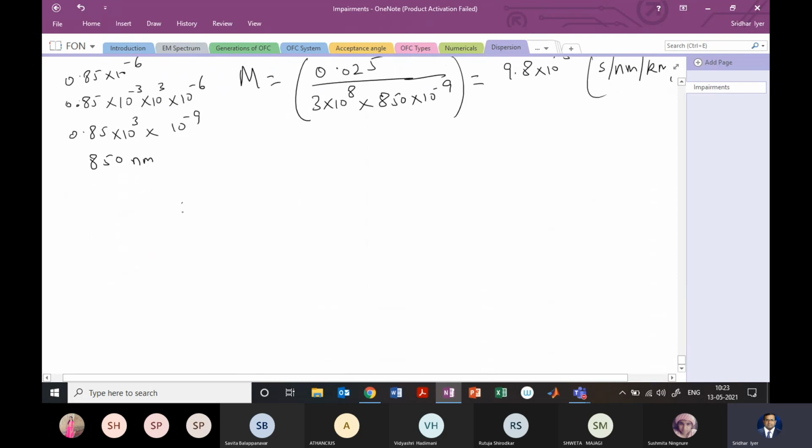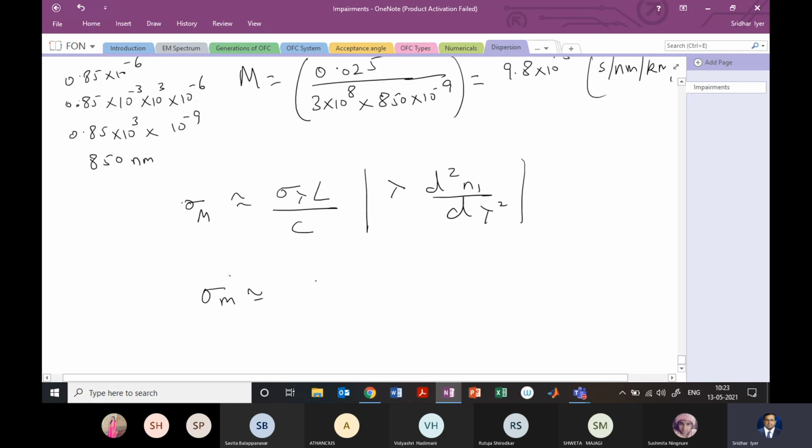Here the standard equation which we can use is sigma m, that is the broadening due to material dispersion, that is approximately sigma lambda L divided by C lambda d square n1 by d lambda square. So this was the equation which we had derived yesterday before deriving the material dispersion, right? This can also be written as sigma lambda L m, right, where m is the material dispersion.